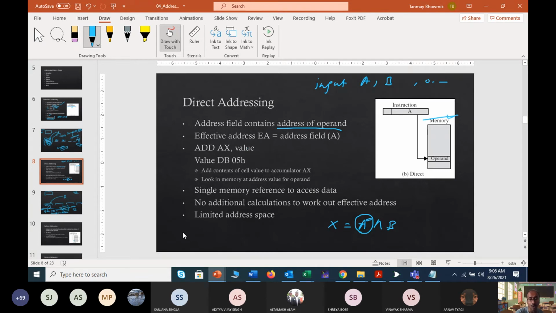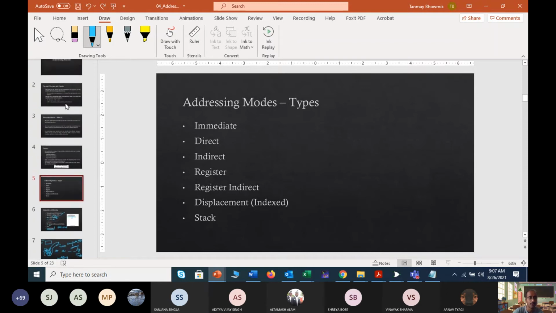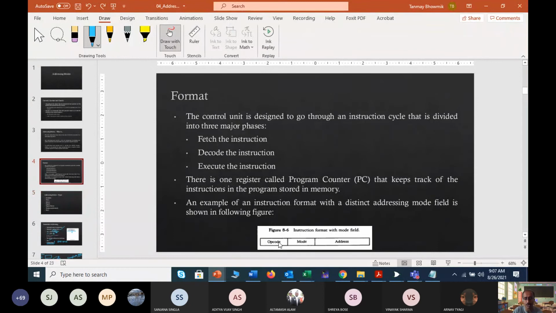Simply, what I told is that once you write the instruction, there is a specific format. And what was that format? Opcode, then mode, then address.